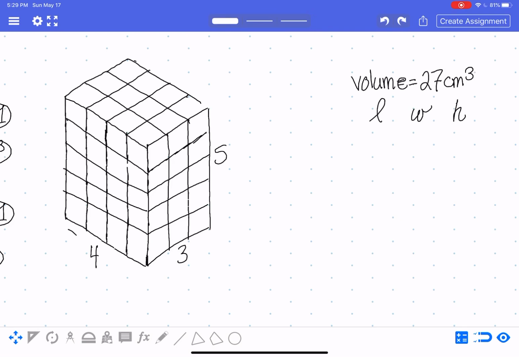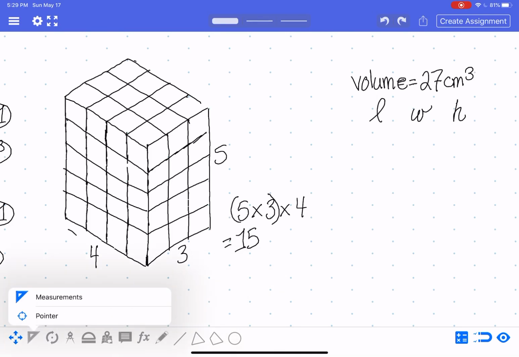So we would say it's 5 times 3 times 4. I could put the brackets just so that we know that 5 times 3 would come first. So 5 times 3 is 15, which is the first slice, and then 15 times 4.